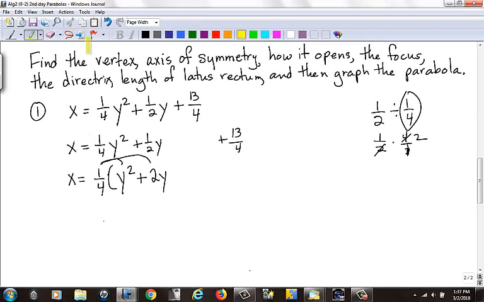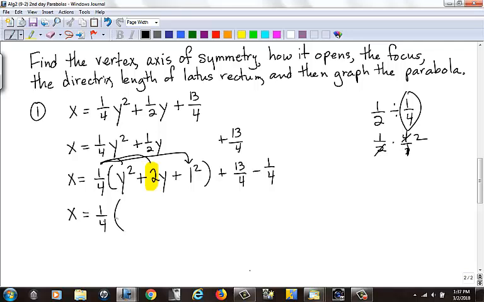Okay, now you have to take half the coefficient of that linear term, 1, and add 1 squared. But what did I really add? I really added 1/4. So to balance it, I have to subtract 1/4. Everybody okay with that? Now factor that back. Leave the 1/4 out front.